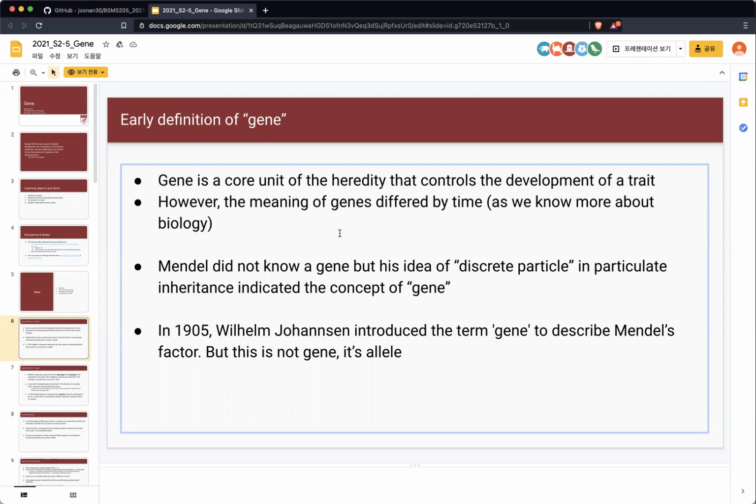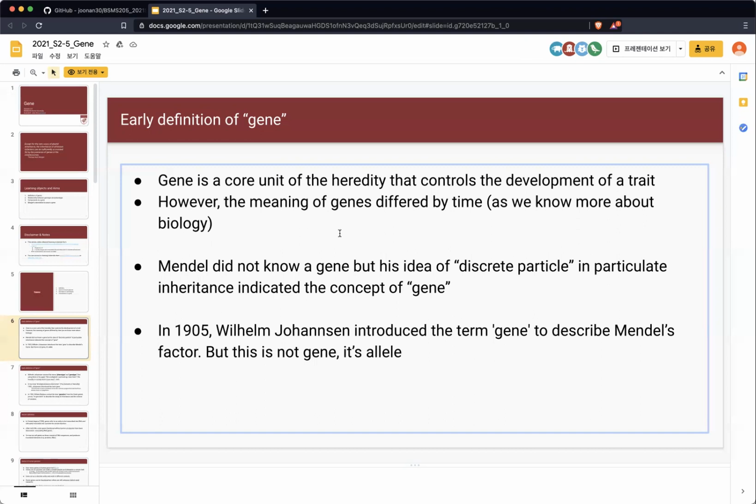Wilhelm Johannsen was the first person who introduced the term gene, and he tried to describe how Mendelian inheritance works in biology and inheritance, and how these Mendelian factors work. But obviously, Johannsen didn't know anything about molecular biology, which is the translation from the DNA sequence to the protein sequence. So he didn't know the details of the gene.